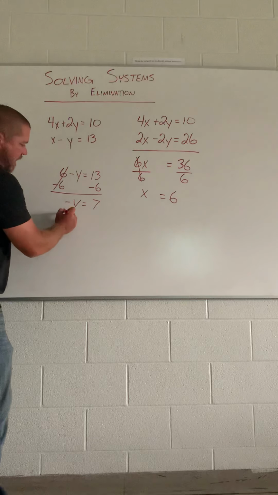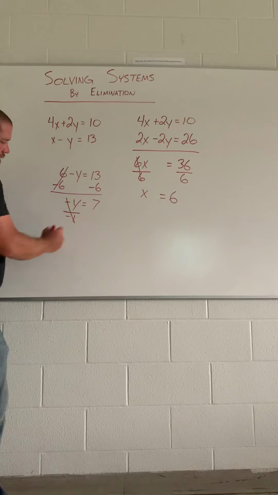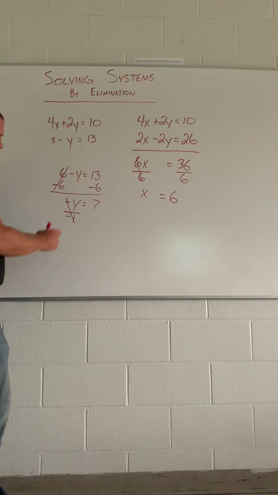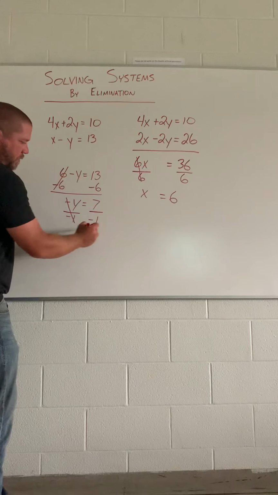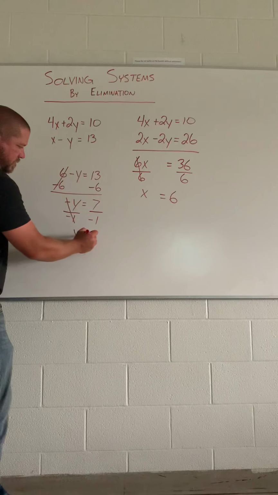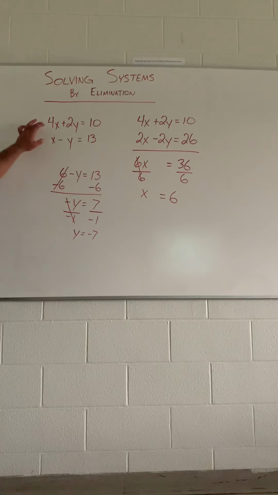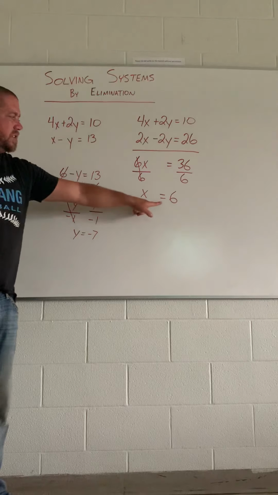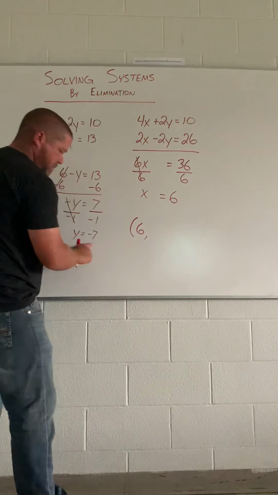So we can divide by negative 1, which is going to get rid of that. And we're going to be left with just a positive y. Divide the other side of our equation by negative 1, and we're left with y equals negative 7. So now we know these two lines are going to cross at the point 6, negative 7.